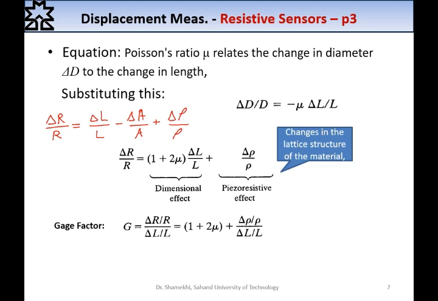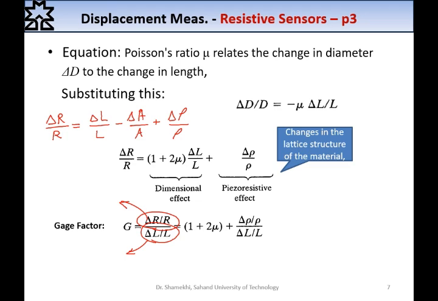We should find the relation between delta R divided by R and delta L divided by L. It means that we should find the variation of R because of the variation of L, because we want to measure the displacement.